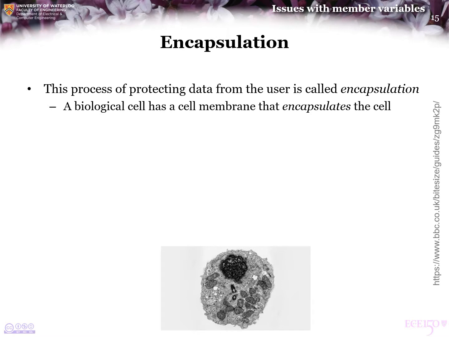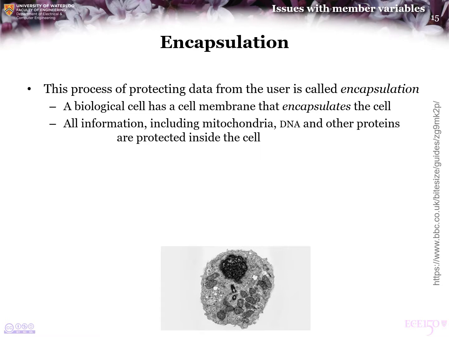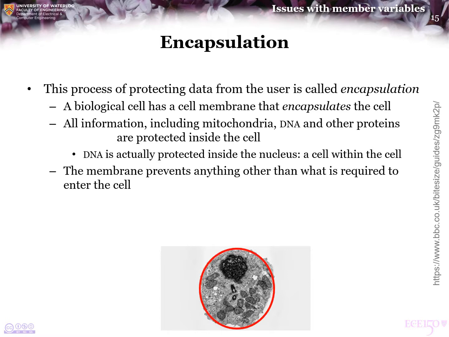This comes from biology. A biological cell has a membrane that encapsulates the cell. All information, including mitochondria, DNA, and other proteins, are protected inside the cell by this membrane. DNA itself is actually protected inside the nucleus, which is a cell within the cell. The membrane prevents anything other than what is required to enter the cell.